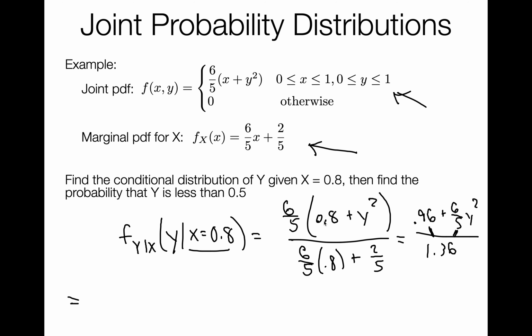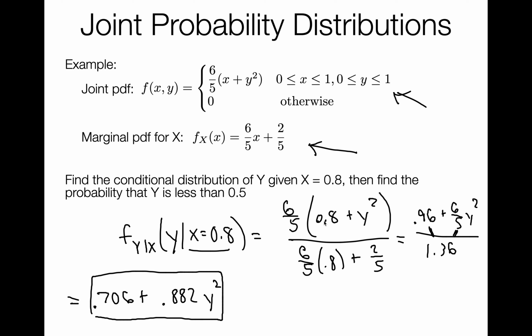It's something like 0.706 plus 6/5 divided by 1.36 is 0.882 about y squared. Okay, so this, our final thing, is the conditional distribution of y given that x is equal to 0.8. Most of the work I just did was simplifying.